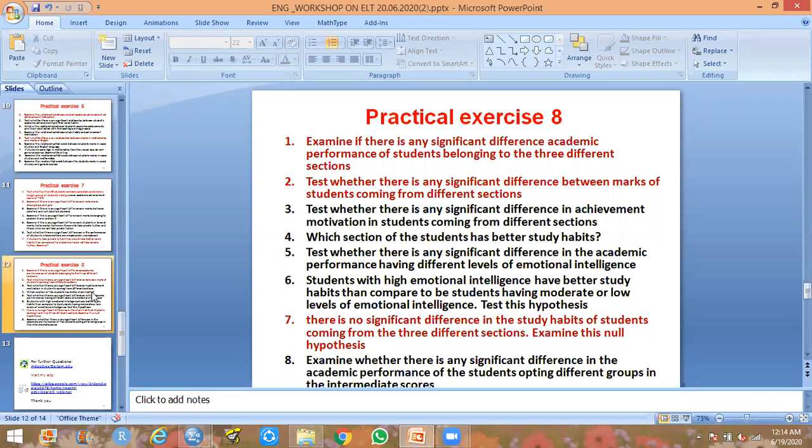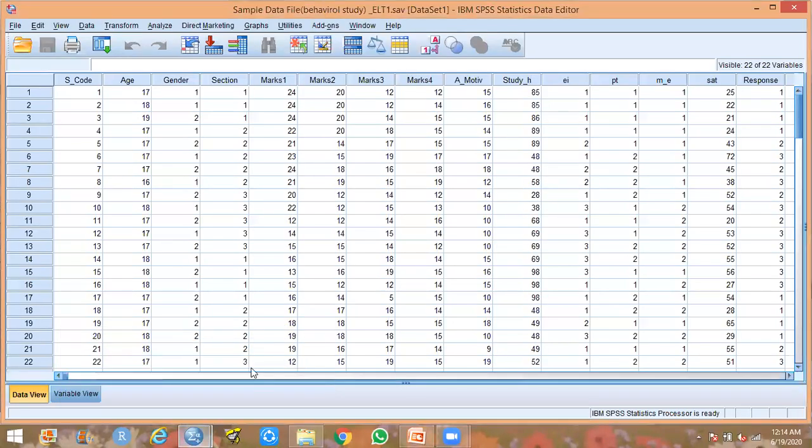Now I am going back to my SPSS data editor, data set. Again you go to the top menu, Analyze.